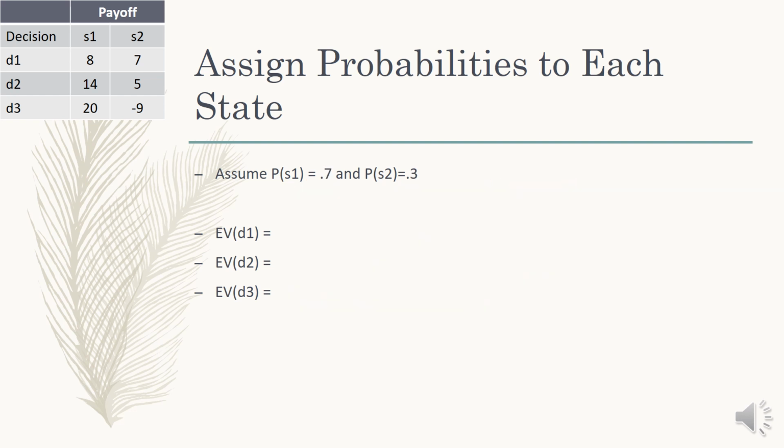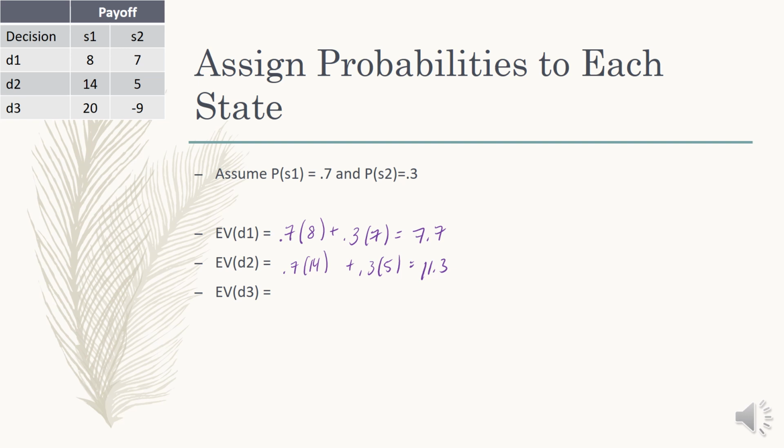Before we start playing around with maybe we don't know the probabilities, let's do one more example of finding the expected value. With the expected value for D1, it's going to be the probability of state 1 times the payoff for state 1 plus the probability for state 2 times the payoff for state 2, which that time gave me 7.7. Then for D2, the expected value on decision 2 is 0.7 times 14 plus 0.3 times that payoff of 5, which is 11.3.